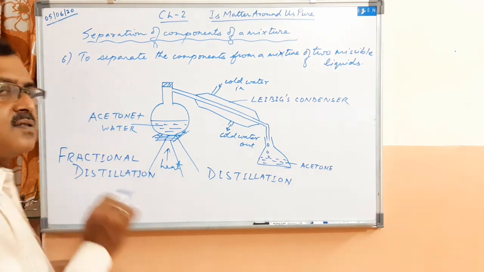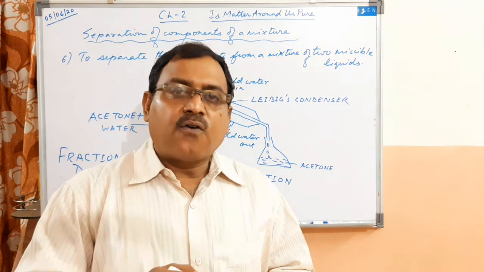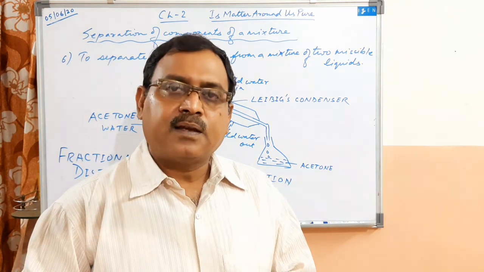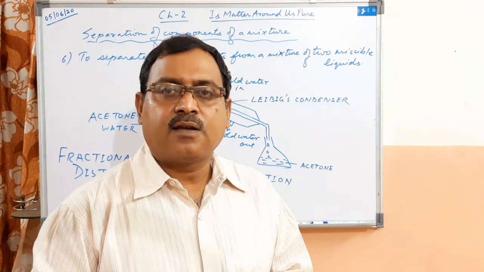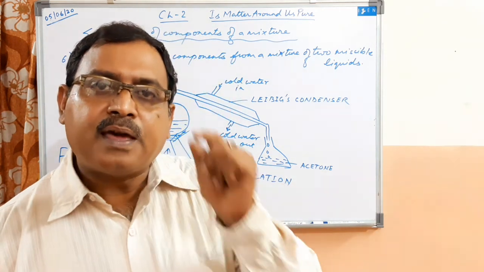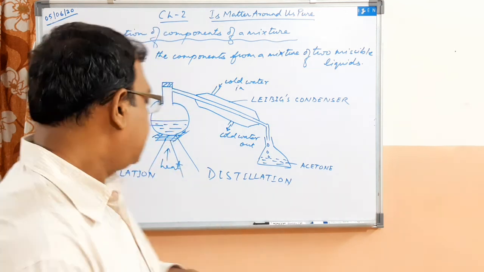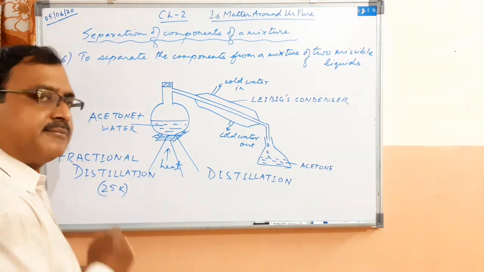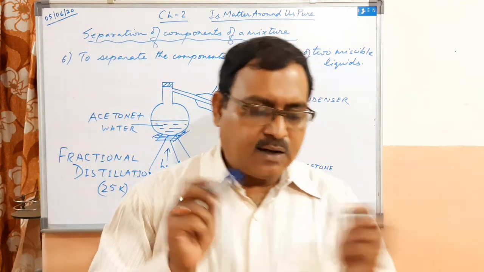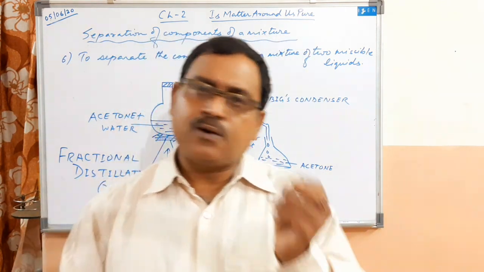This method is used for separating different liquids from their mixture, provided their boiling point difference is as low as 25 Kelvin only. Clear? The difference in their boiling point is 25 Kelvin or 25 degrees centigrade.